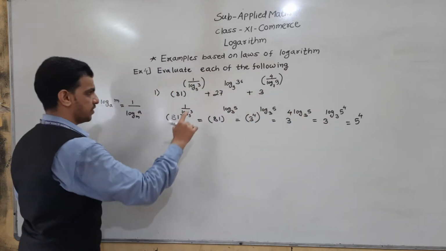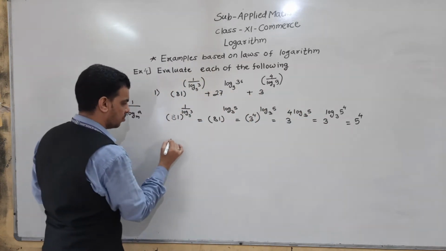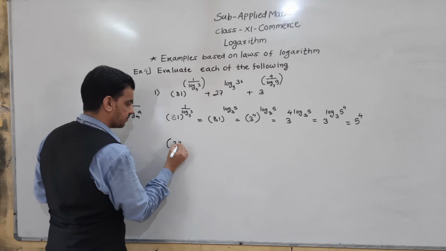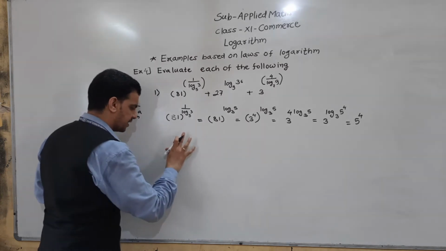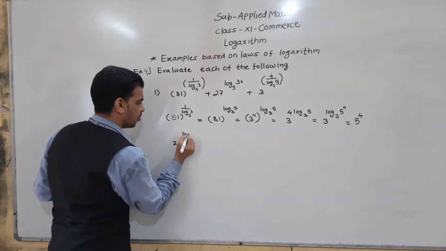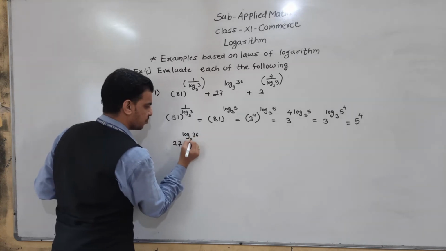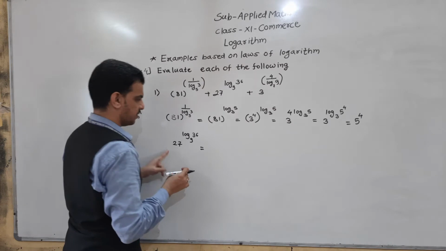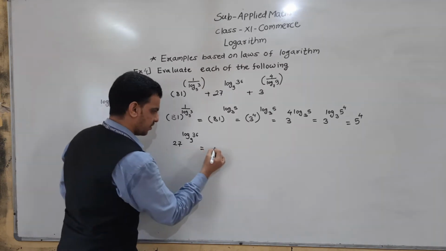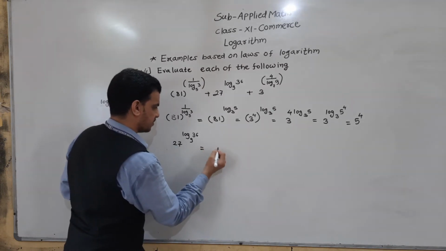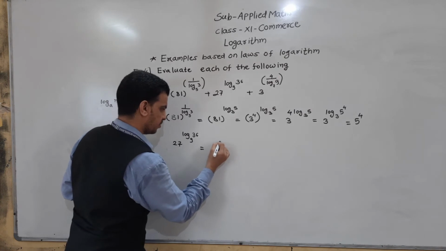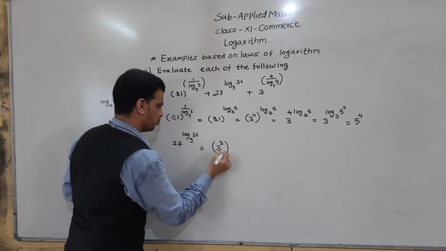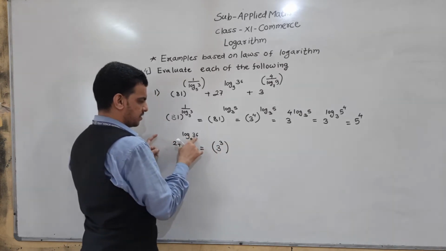Similarly, we have to simplify the second term and third term. So 27 raised to log of 36 to the base 9. Now how do we simplify this? 27 is 3 cube, raised to log of 36.